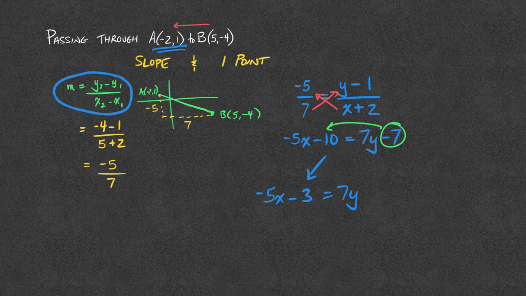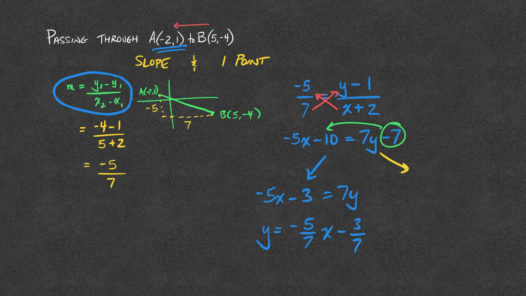And then I can divide out my 7. So there's my -5/7x, which is nice. It gives me a little confirmation about my slope. And then divide out to find my y-intercept. And there is a completely acceptable form of a line. There's my slope-intercept form.